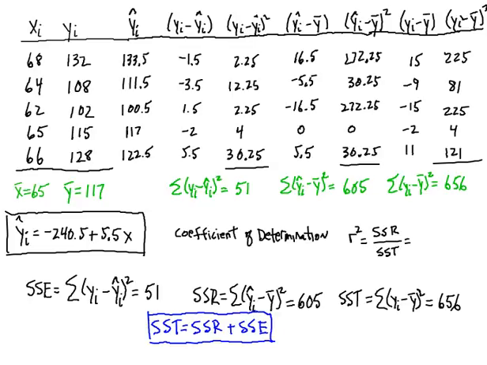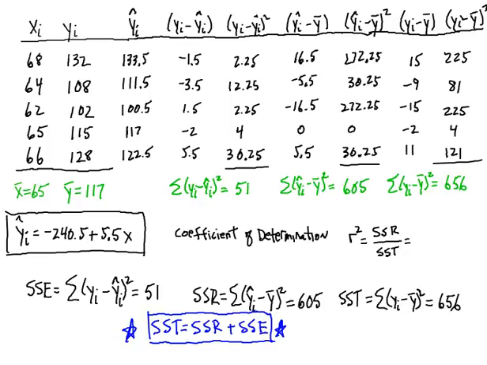If I just calculated SSR and SSE, then I could add them together to get SST. If I just had SSE and SST, then I could take SST, subtract SSE, and get SSR.